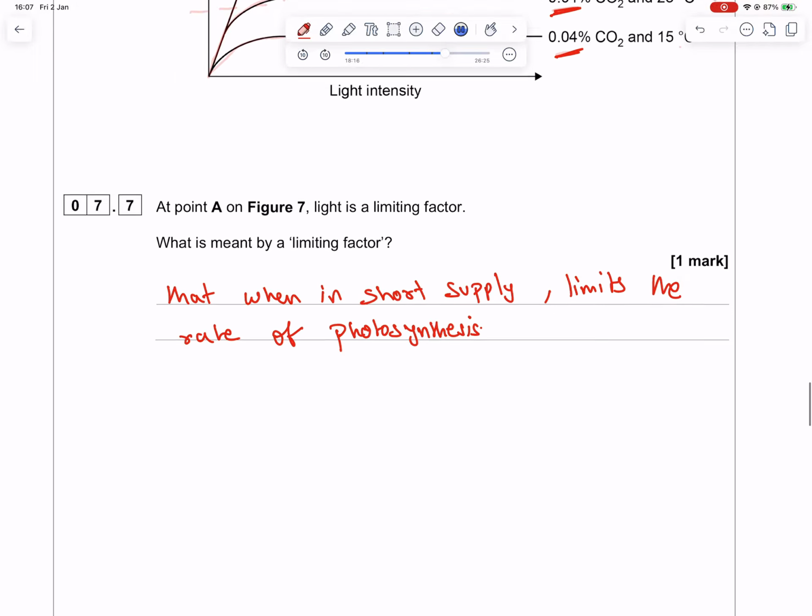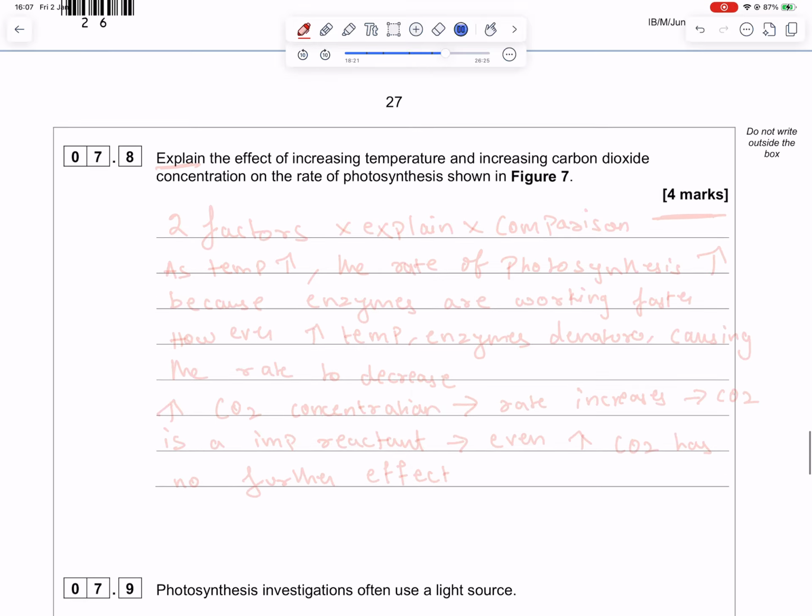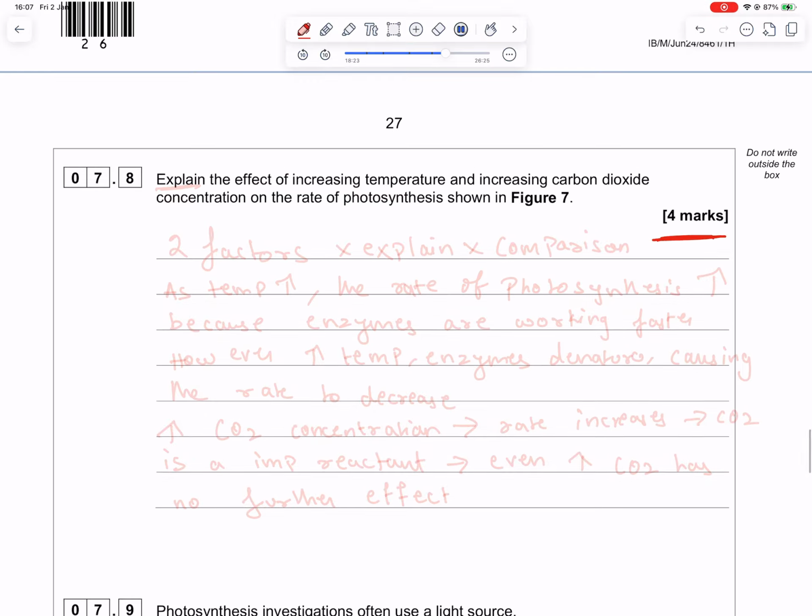Now let's move on to question 7.8, and this is a 4-marker. It's asking us, again, the command word explain. So the maximum sentences you're expected to write is 4 or 5 or maximum of 6, not more than that. Explain the effect of increasing temperature and increasing carbon dioxide concentration on the rate of photosynthesis shown in figure 7.